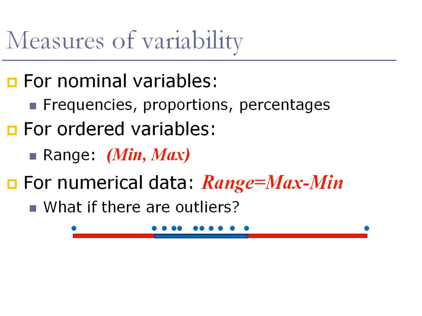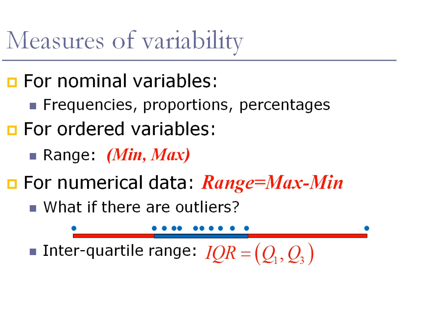Well, one way that people have figured out is instead of using the minimum and the maximum, let's use the other two measures that we have seen that sort of throw away the extreme outliers. And of course, that's by using the quartiles. So what we can do is we can look at the interquartile range, which is denoted by IQR, and it also can be interpreted in two ways.